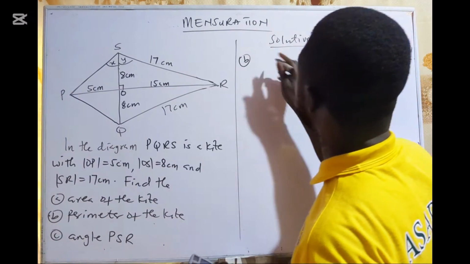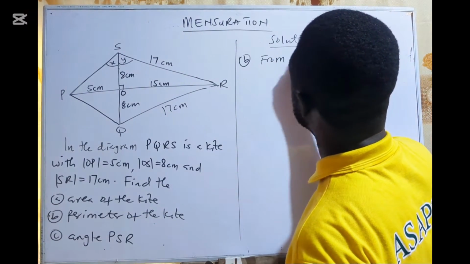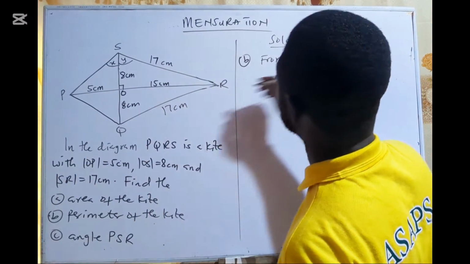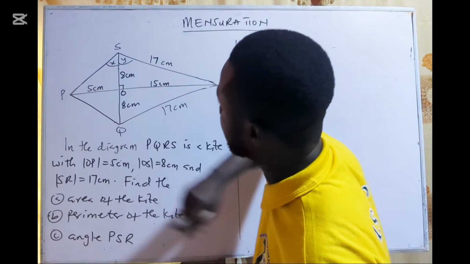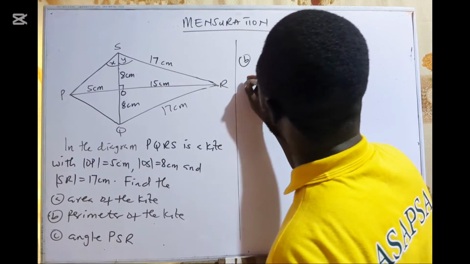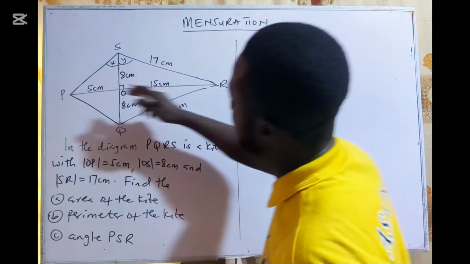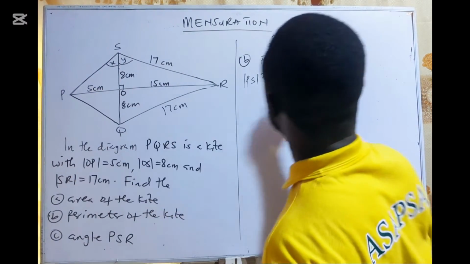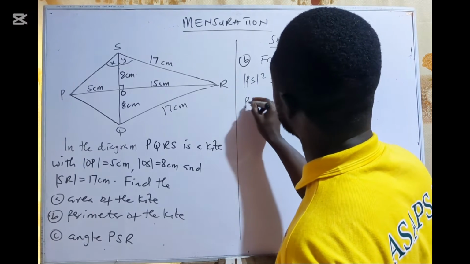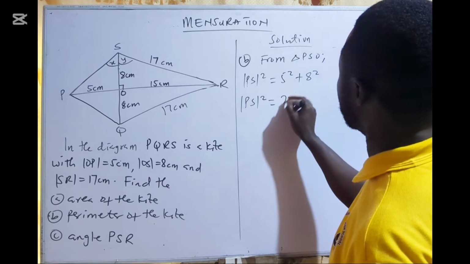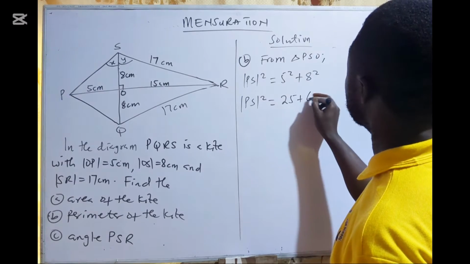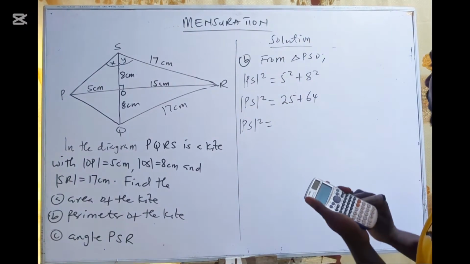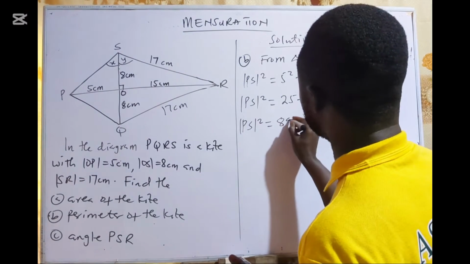So I can now say that from triangle PSO, this right angle triangle, my PS squared, this side being the hypotenuse, is equal to 5 squared plus 8 squared. What is 5 squared? 25. What is 8 squared? 64. So what is 25 plus 64? That is 89.